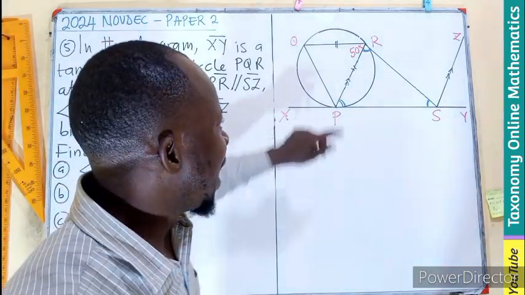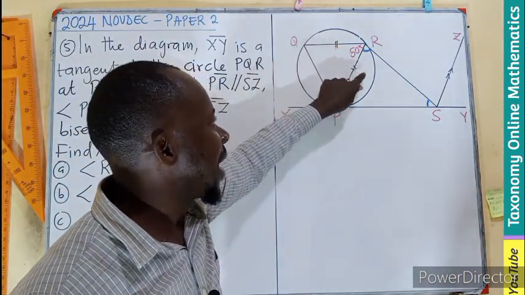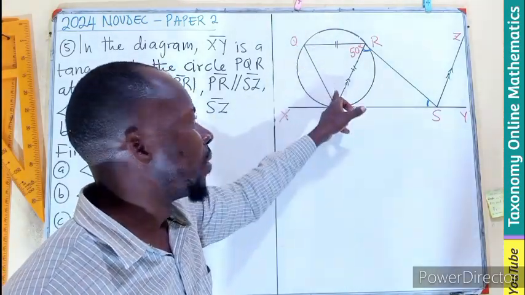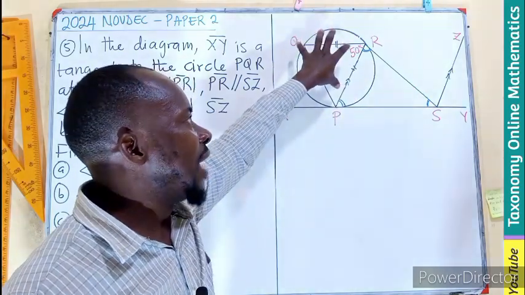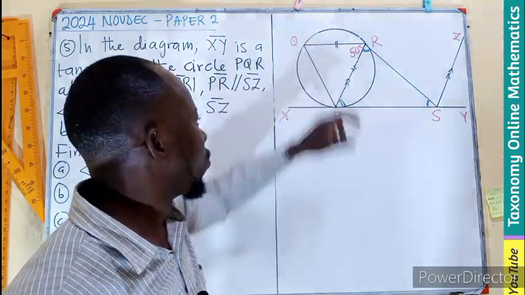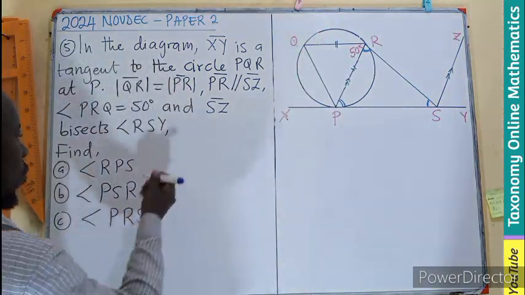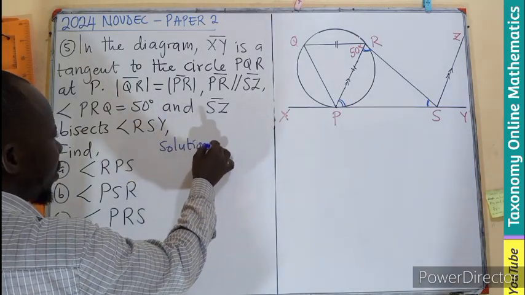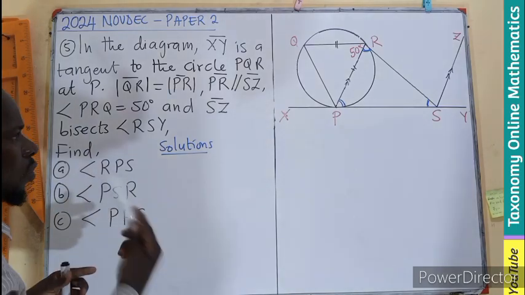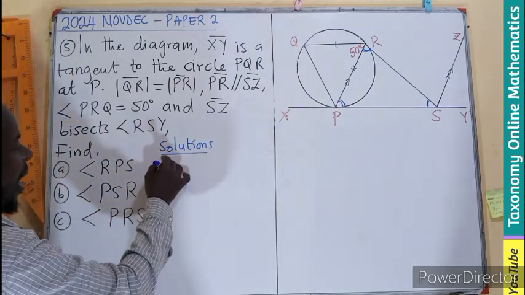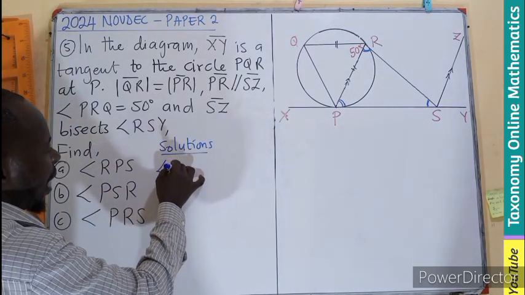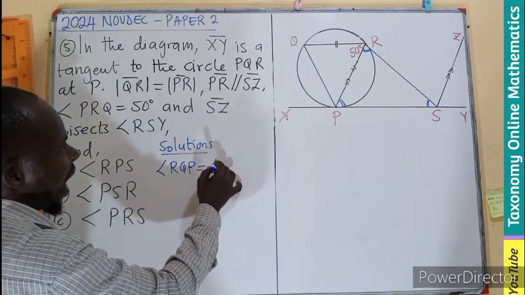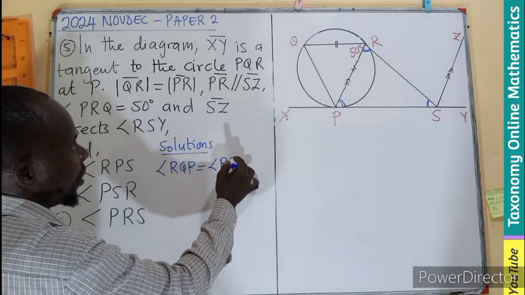Now, first thing, I know this line and this line are being given to me as being equal. So I can easily find this angle, right? Because that is an isosceles triangle in there. So per solution, I can say that angle RQP will be equal to the angle RPQ.